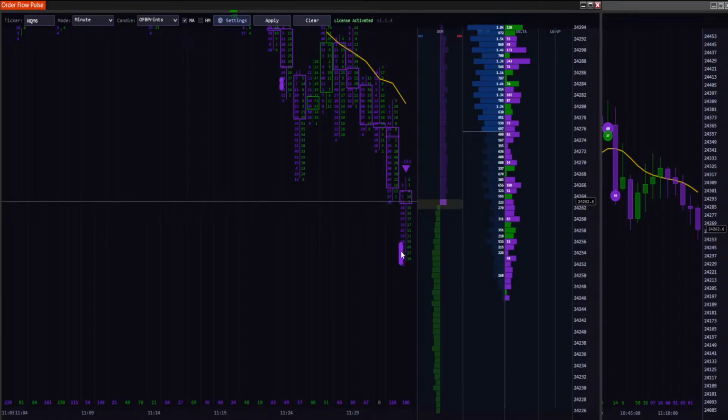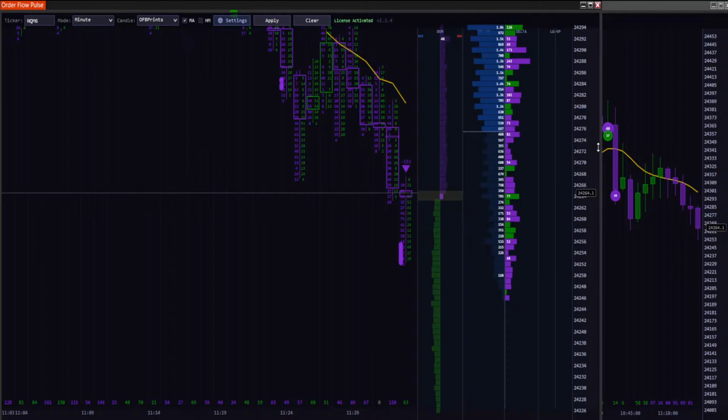Look at that Delta surge though. It's being absorbed. There's a lot of sellers in there that ticked the market down, but then they got absorbed.